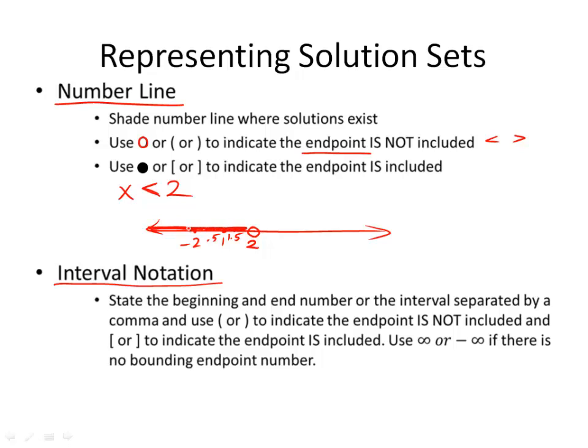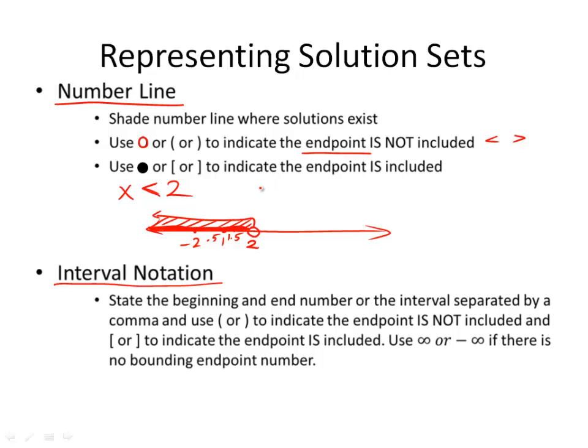You could shade it in like this, or you could just draw that and make it a little more obvious that that whole section is being shaded in. Just make it clear that all of these numbers here are being covered.